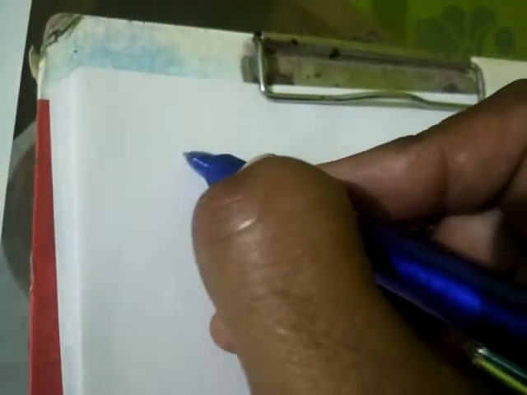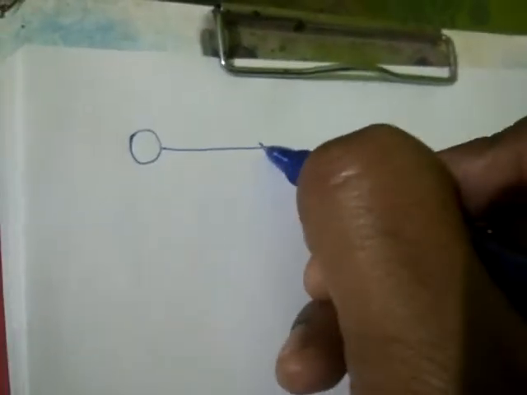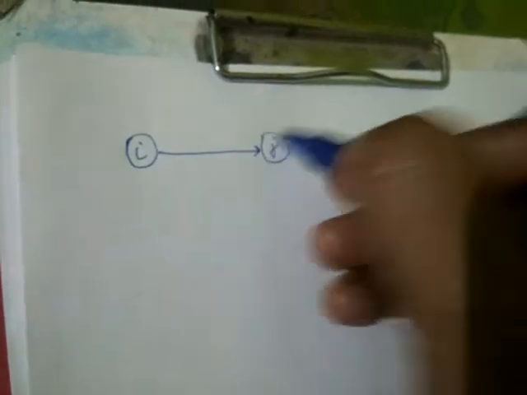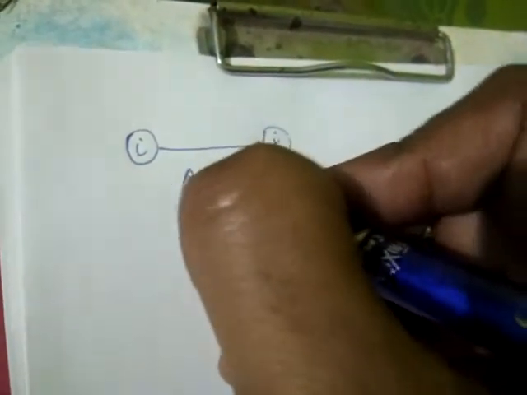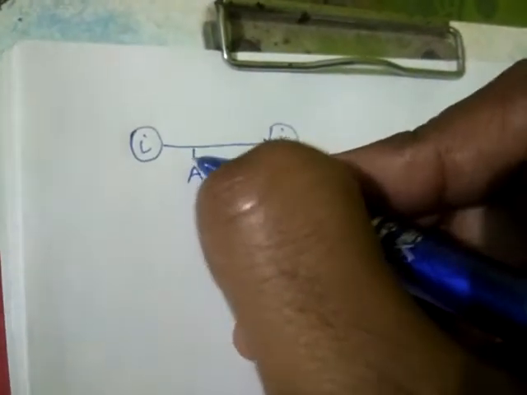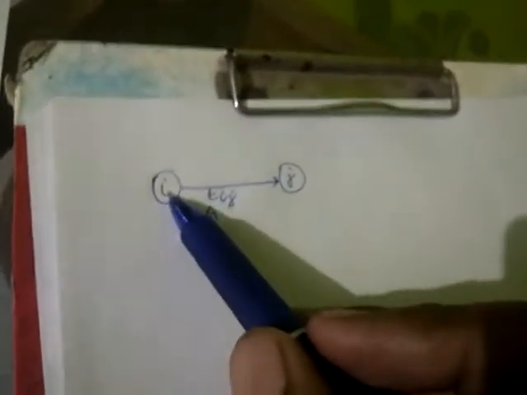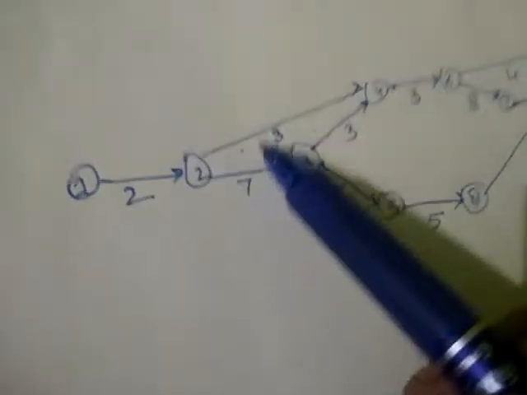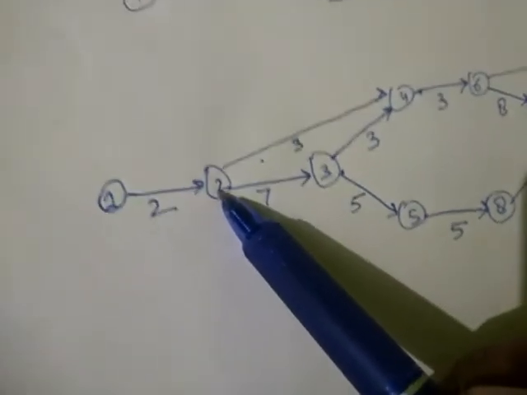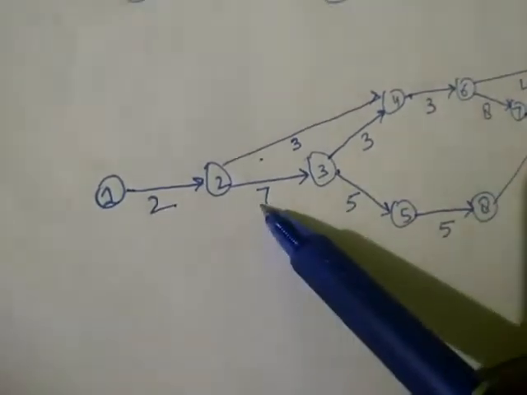If there is an activity from i to j, suppose this is an activity A and its duration is tij. These are simply numbers, like you can see this is the activity. Here i is 2 and j is 3 and tij is 7.